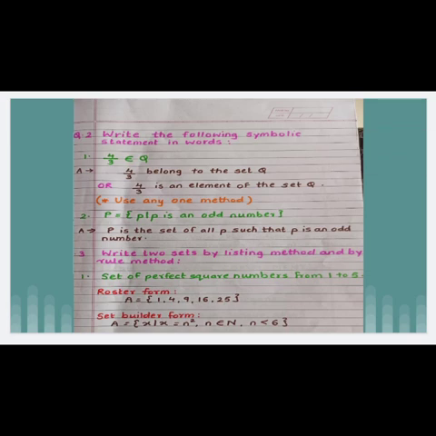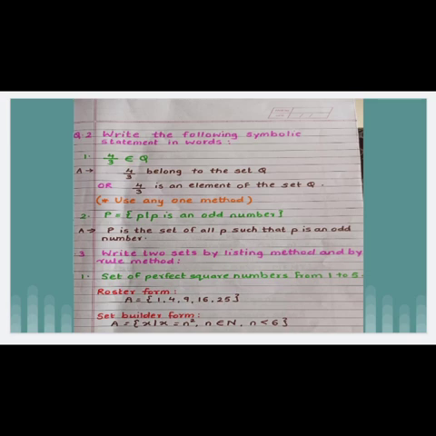The same letter we are using to show the set, that is why capital A, equal sign, curly bracket open, elements. To show the elements we are using here small x, such that x is equal to n square. n square means these are the perfect square numbers.